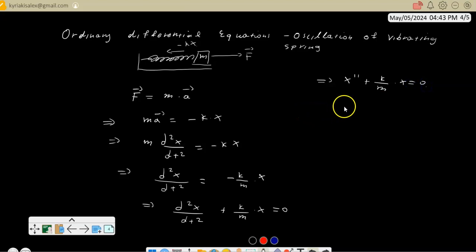This is a homogeneous linear second order ordinary differential equation. And we can write the characteristic equation, which is lambda squared plus k divided by m.